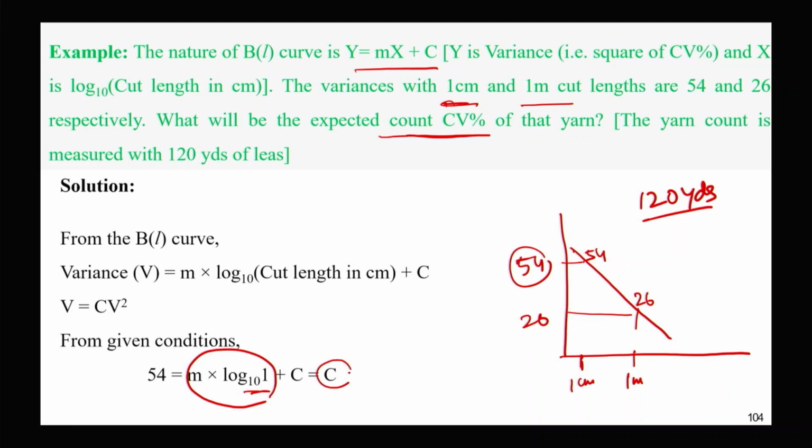So here the C value is 54, and similarly the next equation is 26 equal to 2m plus C. So from there we can calculate the value of m.